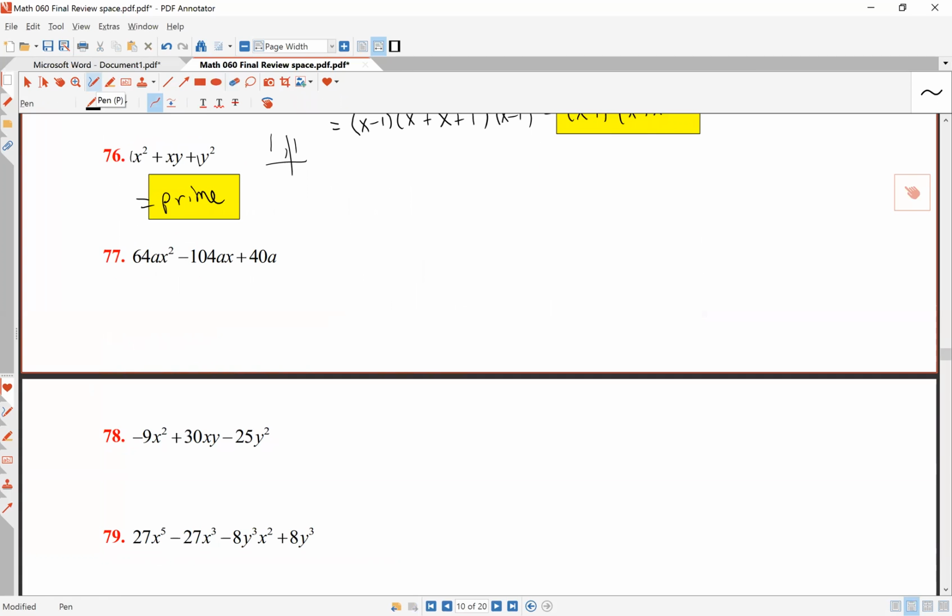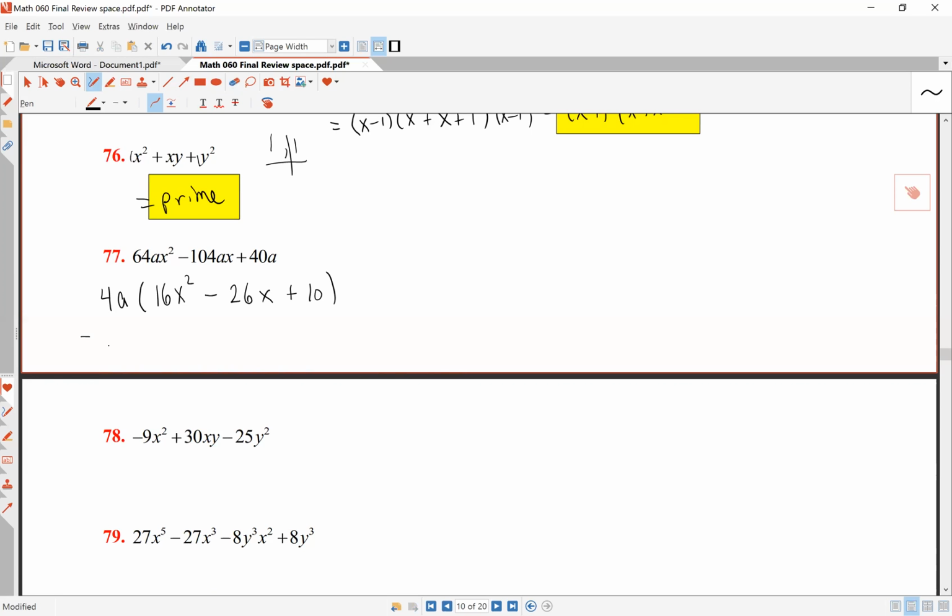77, those are big numbers. We must be able to take something out of here. Looks like a 4. I might be wrong. Maybe take something bigger, but we'll check it in just a second. Take out the 4a. We're left with 16x squared minus 26x plus 10.